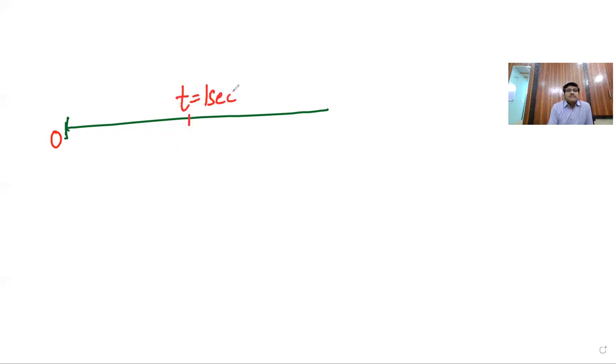Observe. Let us say this is the journey, long path of journey. And this is the origin from where journey starts. As the journey proceeds, time passing is t is equal to 1 second. Again, as the journey proceeds, t is equal to 3 seconds.